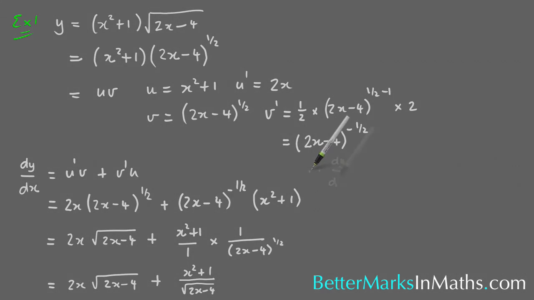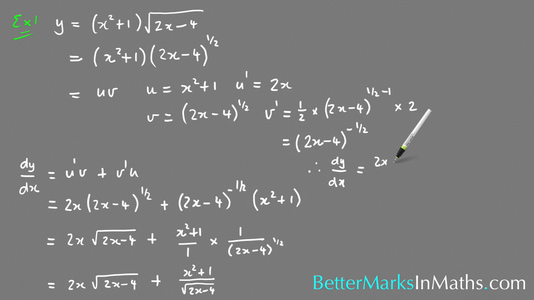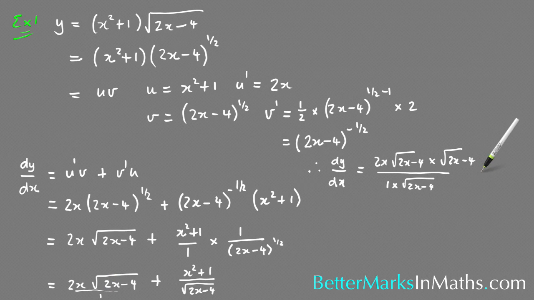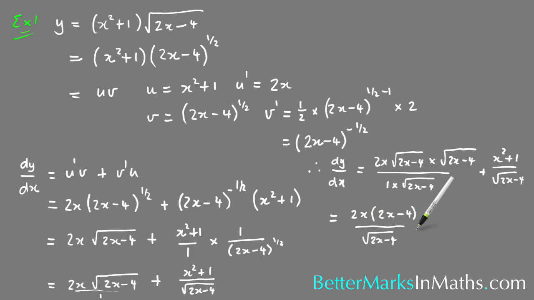So dy dx equals, and I'll put the step in, so 2x square root of 2x minus 4 times by the square root of 2x minus 4 all over 1 times the square root of 2x minus 4, and that 1 was really this thing all over 1, and that's plus, and then this is already over square root of 2x minus 4, and that's equal to, so the square root of something times the square root of the same thing is just going to be what's under the square root, so that's going to be 2x bracket 2x minus 4 over the square root of 2x minus 4 plus that over the square root of 2x minus 4.